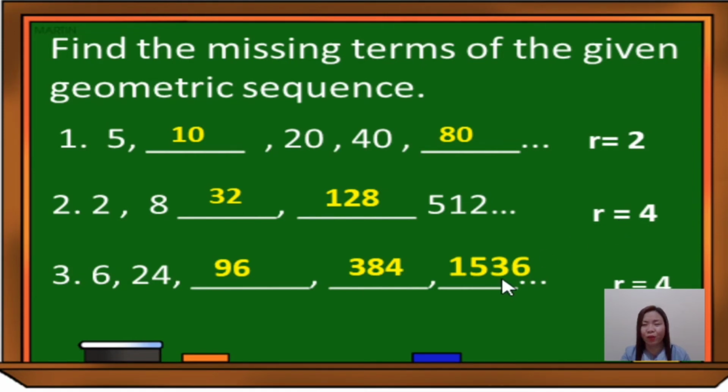So 1,536 divided by 384, and the quotient is 4. 384 divided by 96, and the quotient is 4. So 24 divided by 6, and the quotient is 4. So therefore, that's how we are going to determine if the given sequence is geometric or not.